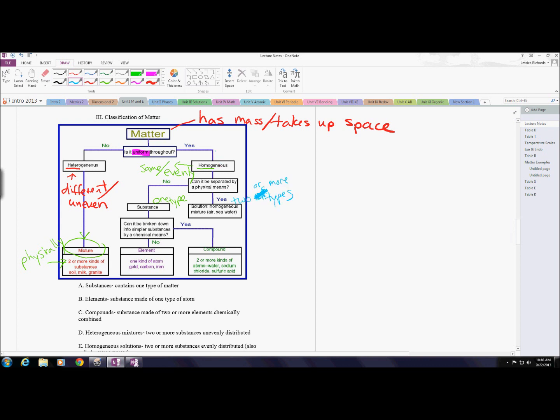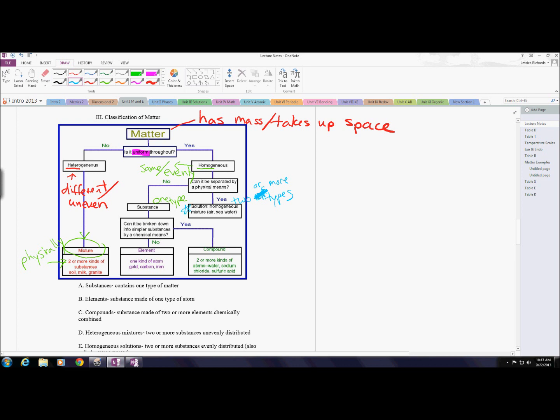So when you decide that a piece of matter is homogeneous, it looks the same throughout, you have to figure out, can I separate it by physical means? So if you can separate it by evaporating a part, by filtering it, by boiling it and recondensing part of it, any of those types of physical means, then it's a mixture. It's made of two or more things, and a homogeneous mixture is called a solution.